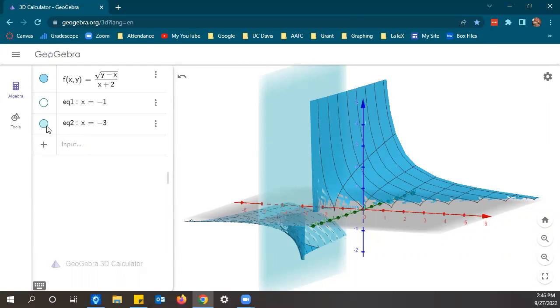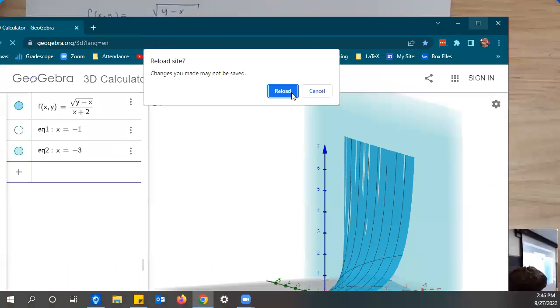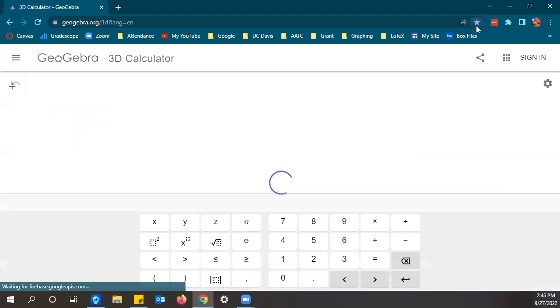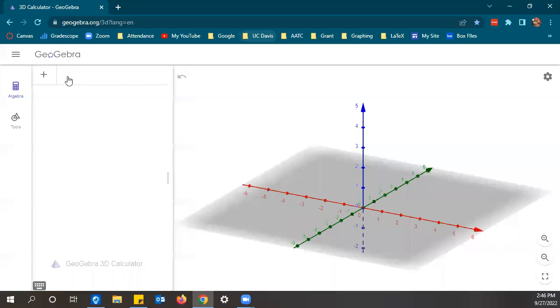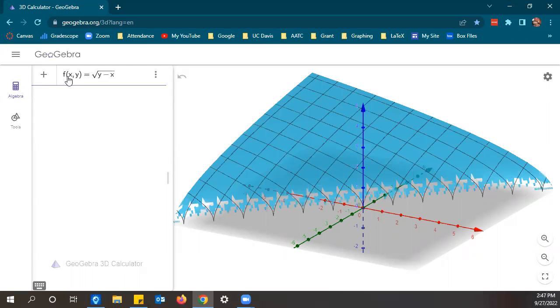So a level curve would be... So we want, again, the square root of y minus x divided by x plus 2. All right, cool. Good. There it is again.